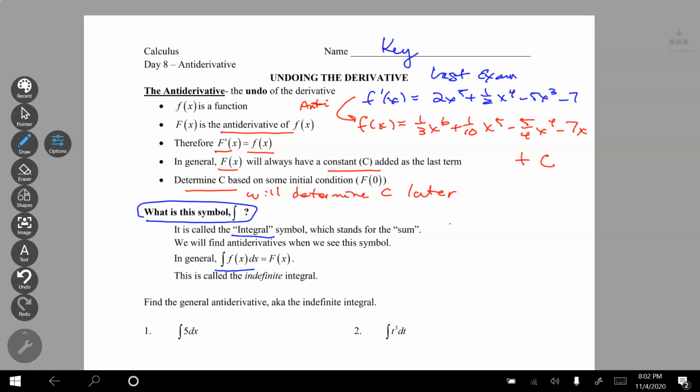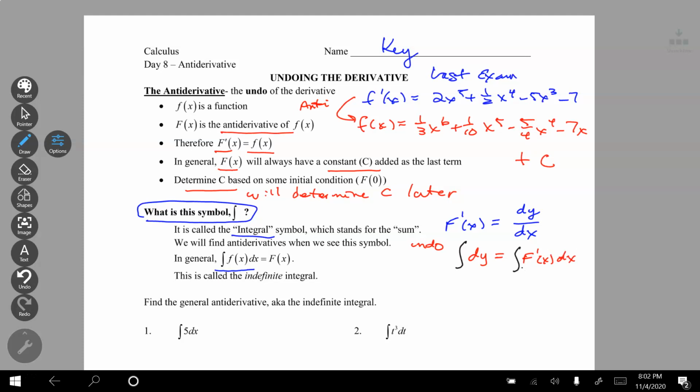So basically f prime of x is the derivative of a function, and I want to undo it. So I have dy equals f prime of x, and I bring the dx over, and I want to undo it by using this integral sign.